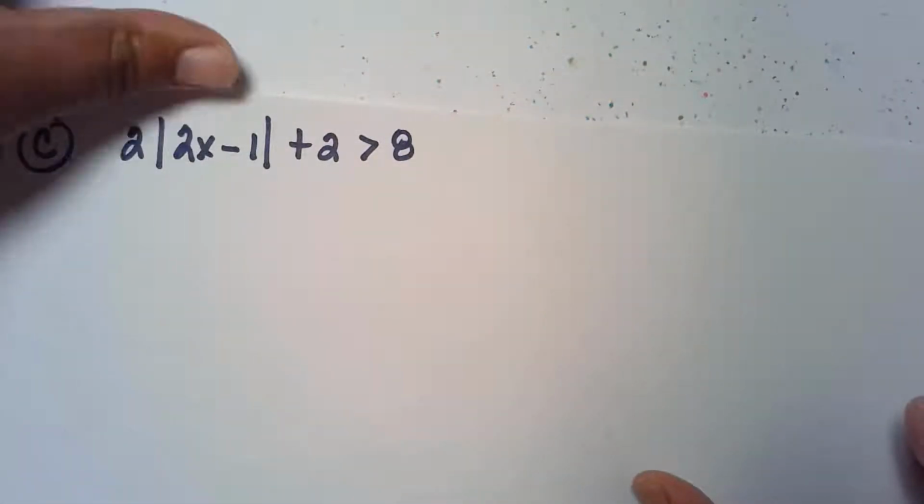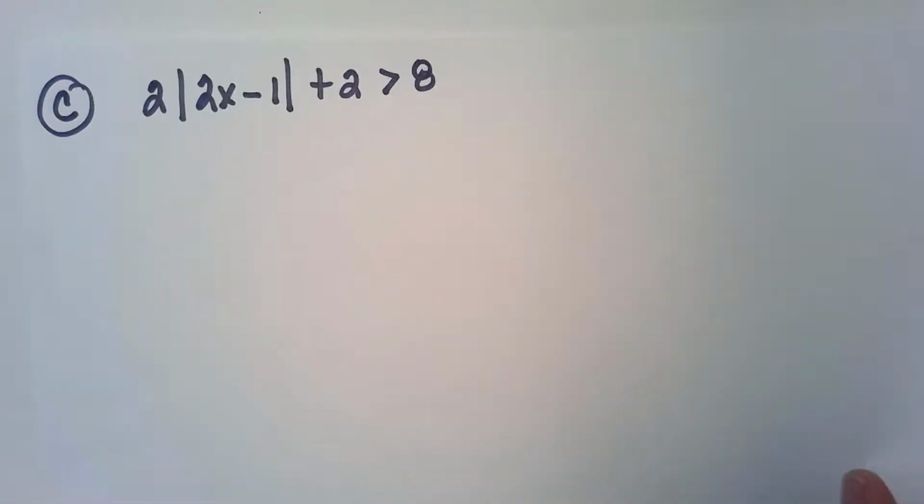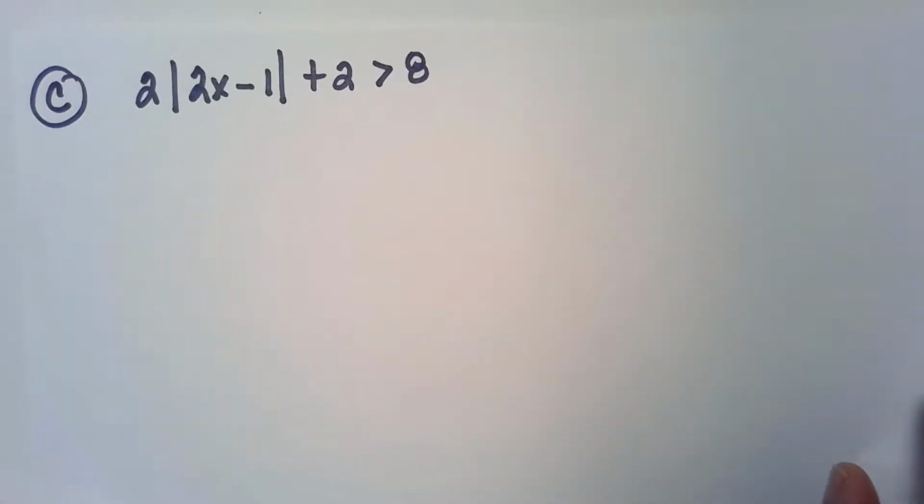We have here 2 times the absolute value of 2x minus 1, plus 2, is greater than 8. Okay, and let's make that greater than or equal to, so we can use the bracket as we graph that.